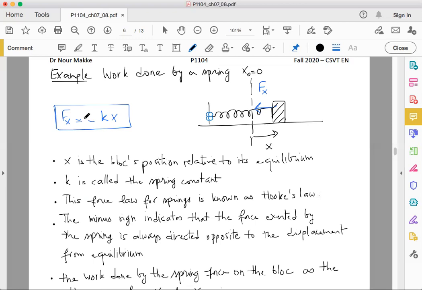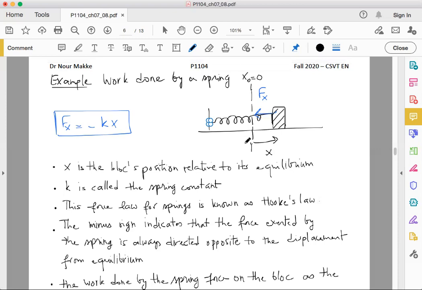And this minus sign tells us about the direction of the force. Meaning, if the displacement is to the right, then the direction of the force is opposite, to the left. And if the block was pushed leftward, the force is rightward. So this is what the negative sign tells us. In principle, these should be vectors, but in most references the spring force is defined this way.